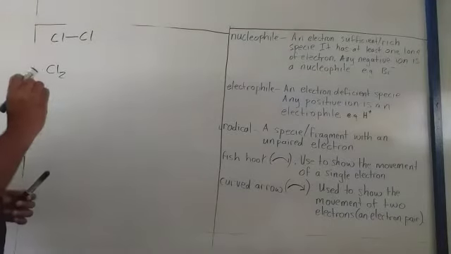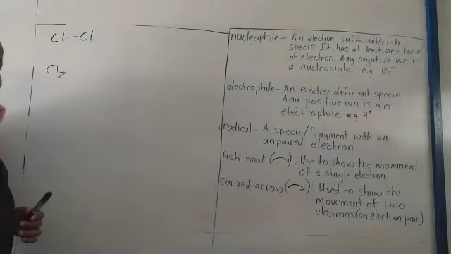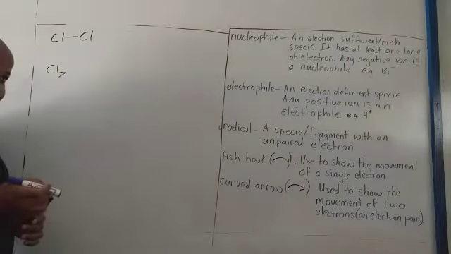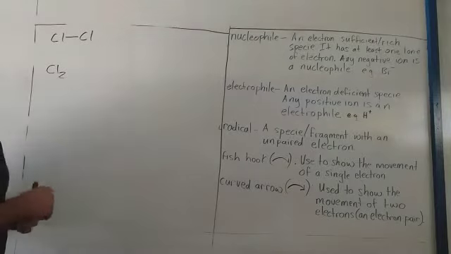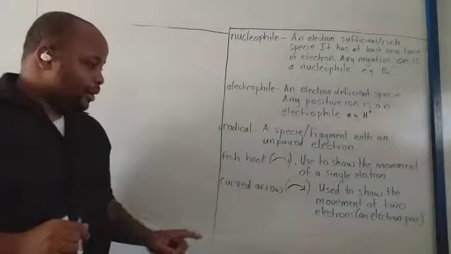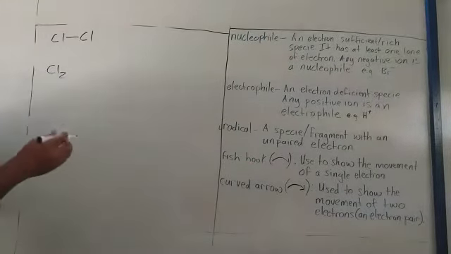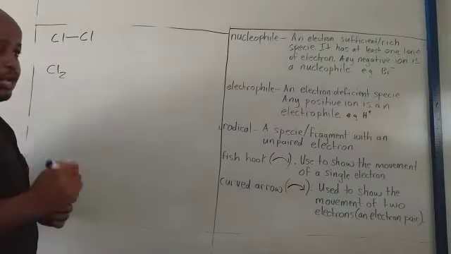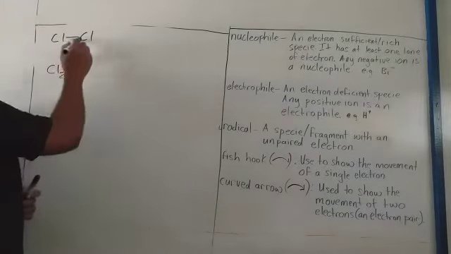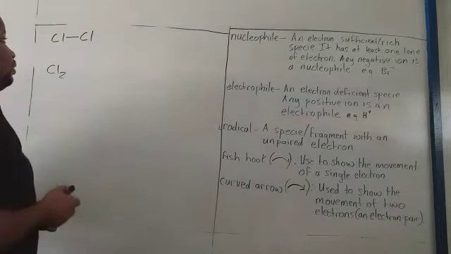And once the electronegativity is the same, it will break homolytically. When a bond is going to break homolytically, we use a fishhook. And in homolytic bond breaking, we said that what? Both atoms will get one electron.